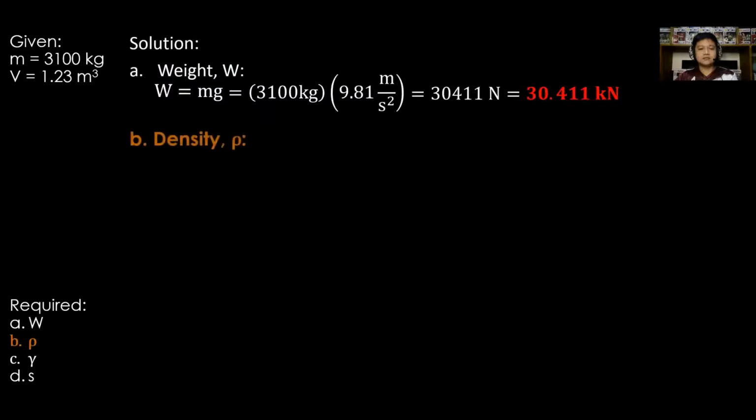kilonewtons. For density, rho is equal to M over V, wherein the mass is 3,100 kilograms over the volume that is 1.23 cubic meter. And therefore, our density is 2,520.325 kilograms per cubic meter.